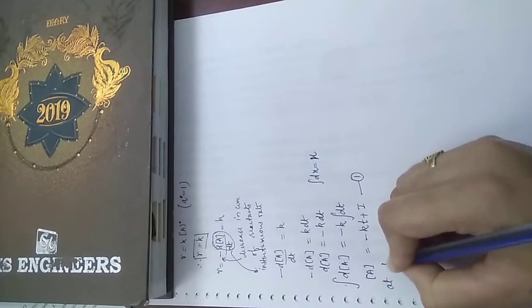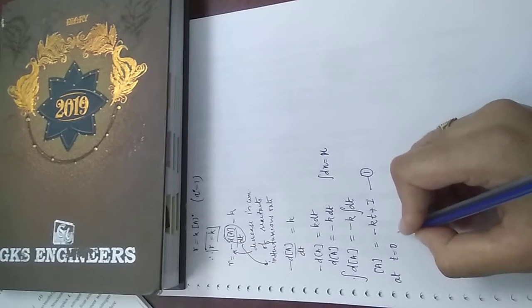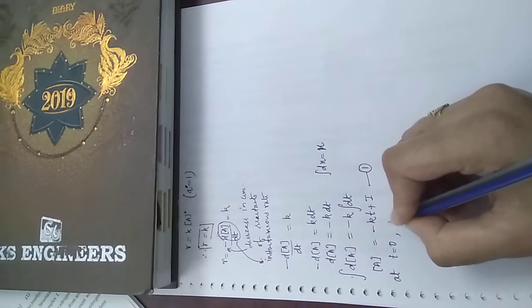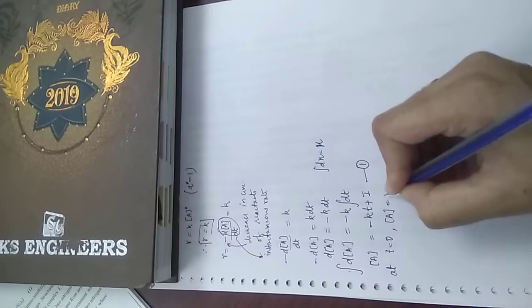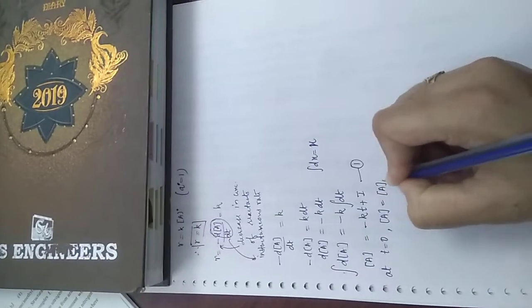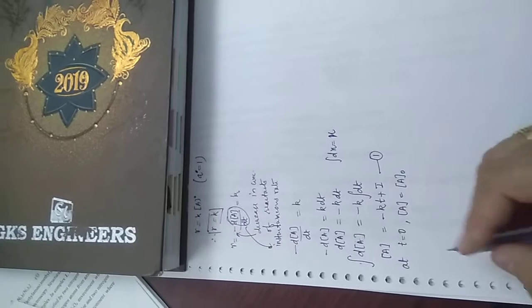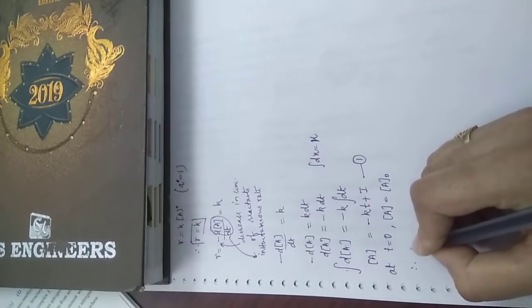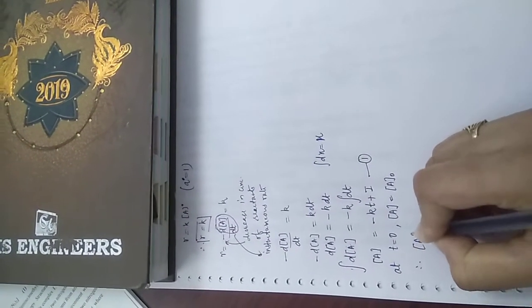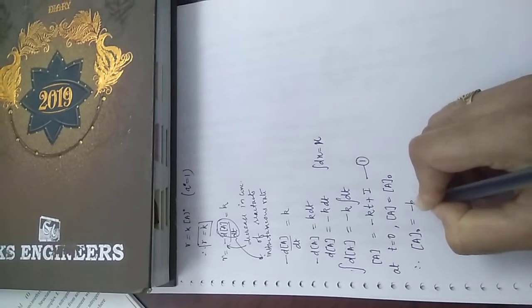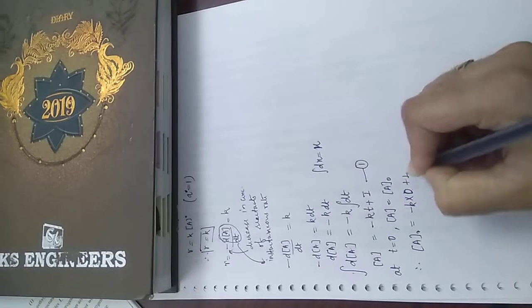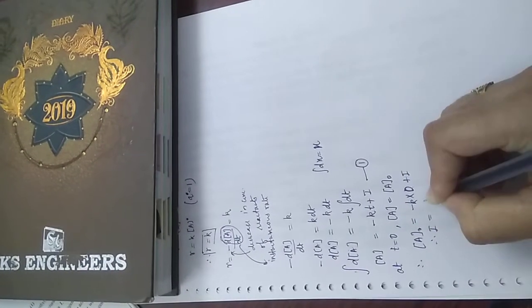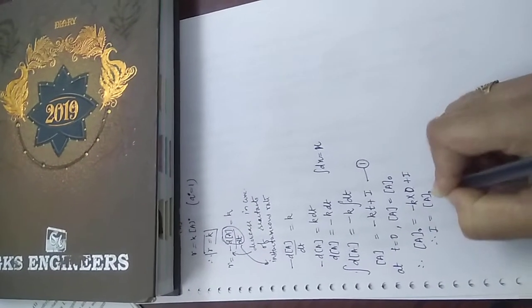Now at time t equal to 0, or we can say at the starting point of reaction, our concentration of reactant was equal to concentration of A naught. Therefore our first equation will become A naught is equal to minus K into 0 plus I. Therefore I is equal to A naught.